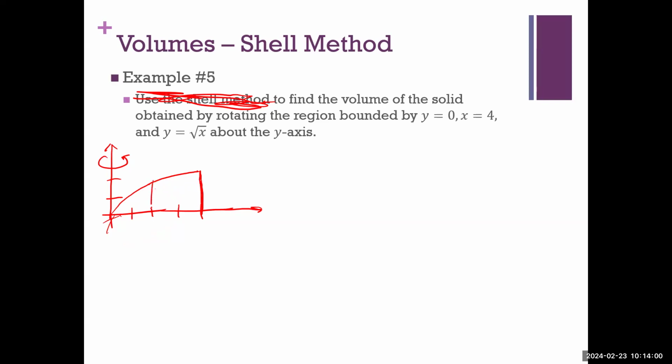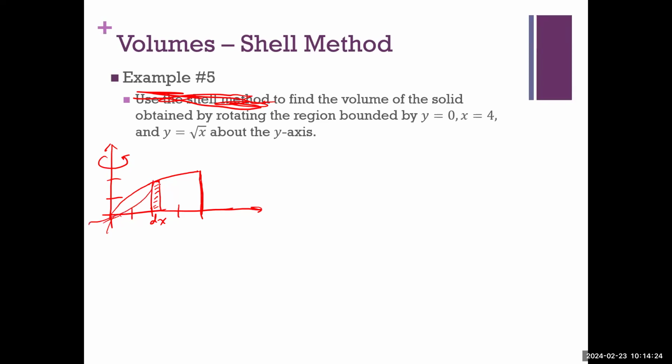the first person to chime in said vertical rectangles, so let's look at those. So this is a dx rectangle, right? If I rotate that around the line I want to rotate around, what's that going to make for me? That'll be a thin cylindrical shell.